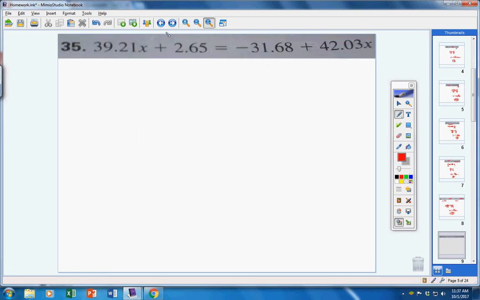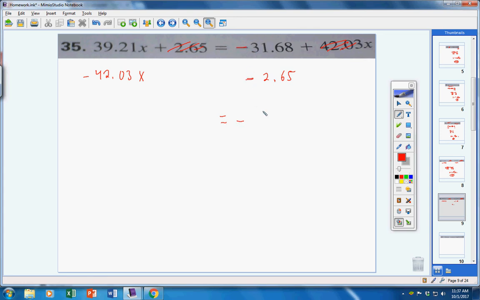Same problem again. We can see right away that the first two steps are not needed. So bring your 42.03 over. Bring your 2.65 over. And let's see, we're in debt some more.